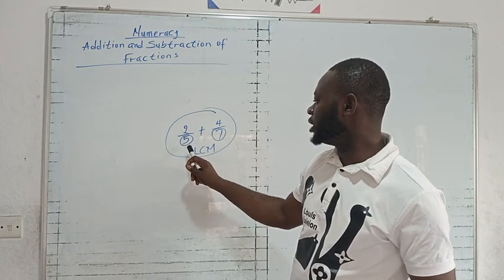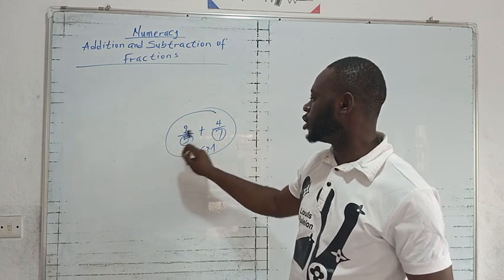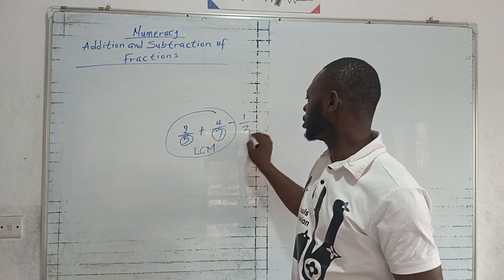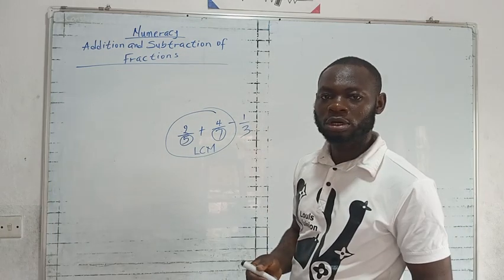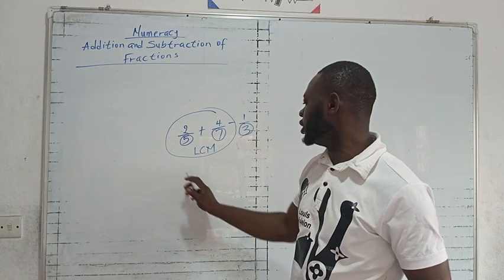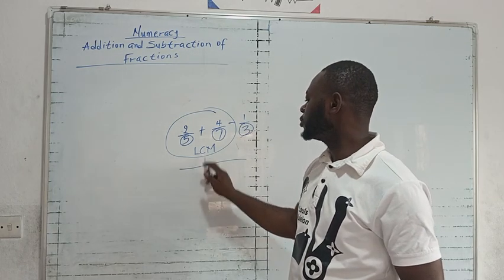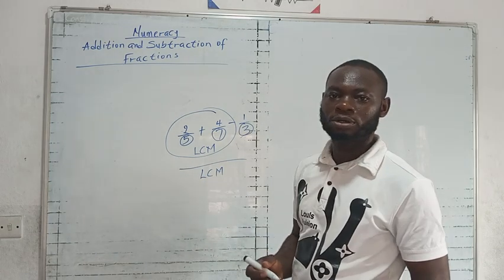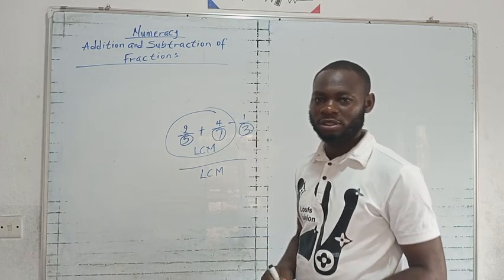Once we obtain the LCM of the denominators of the two or more fractions, the LCM will become the new denominator for those fractions.